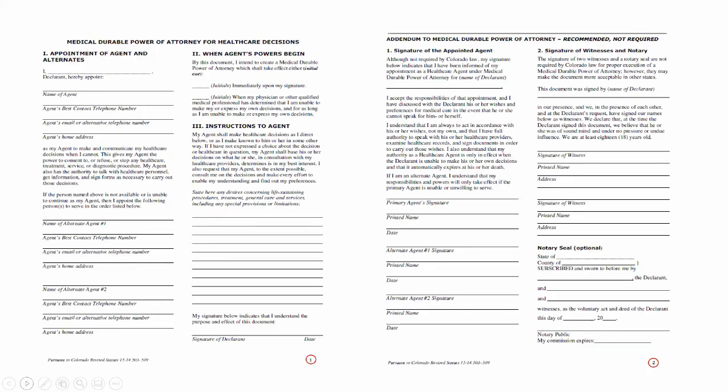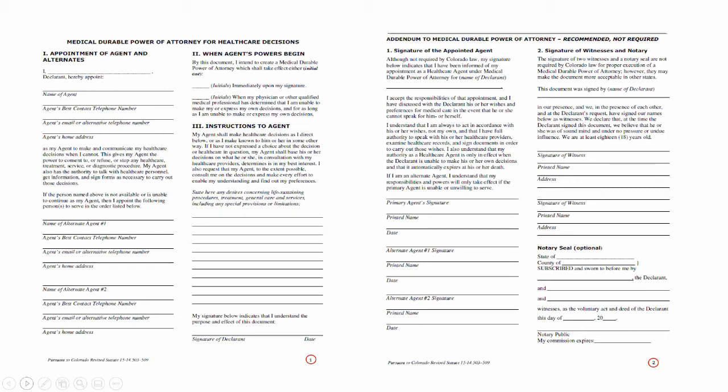So in front of you, you should be able to see the medical durable power of attorney form in its entirety. It's a two-page form. And what we'll do next is go section by section, so you understand where your information goes, where your agent's information goes, and if you're going to have alternates, where all that information goes in the form.